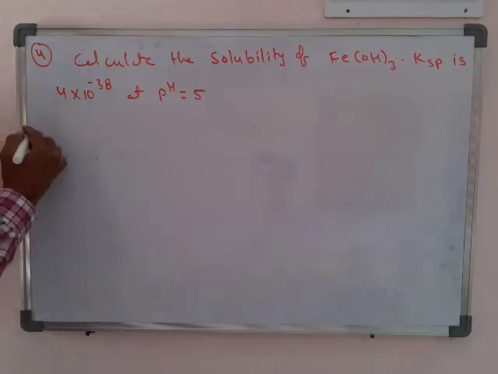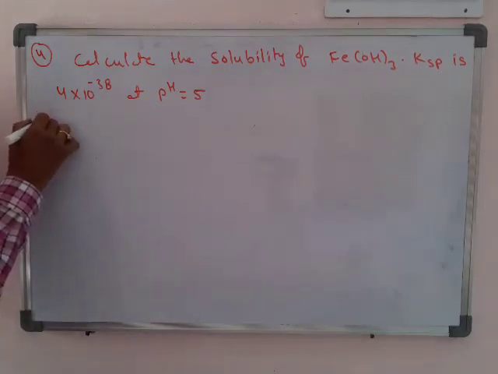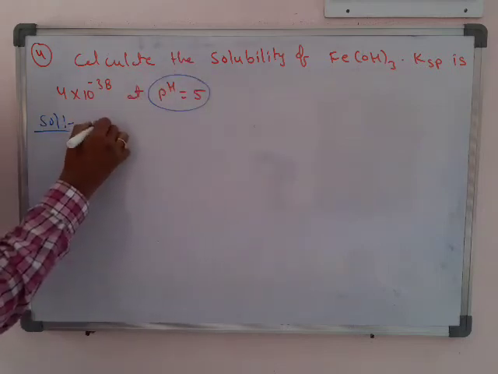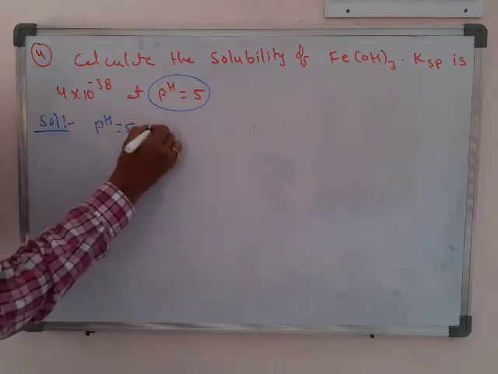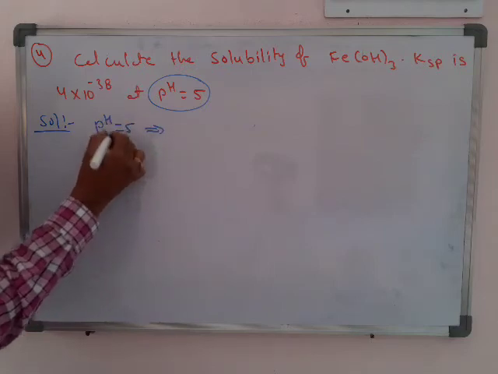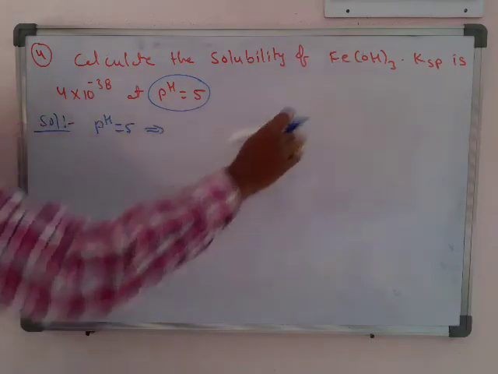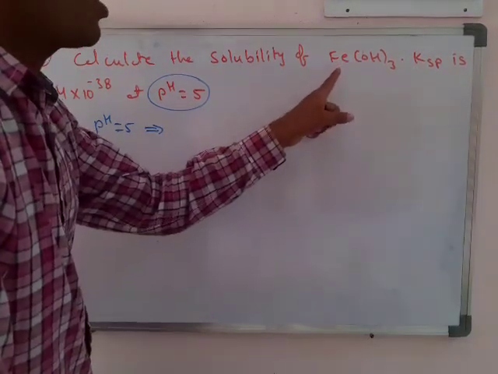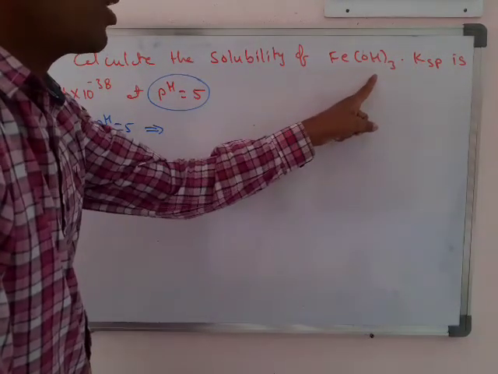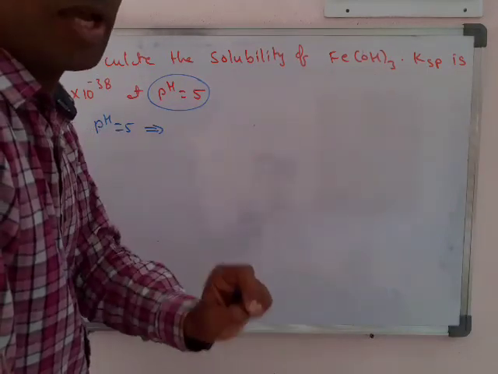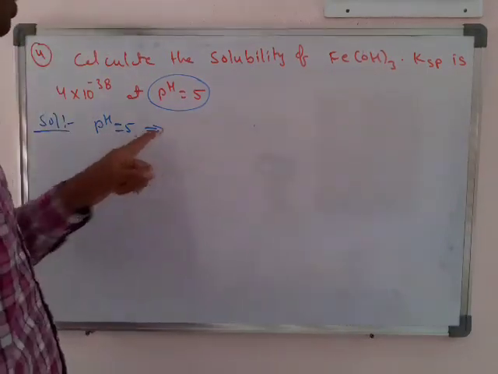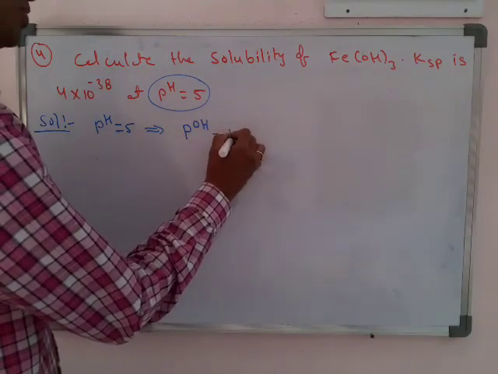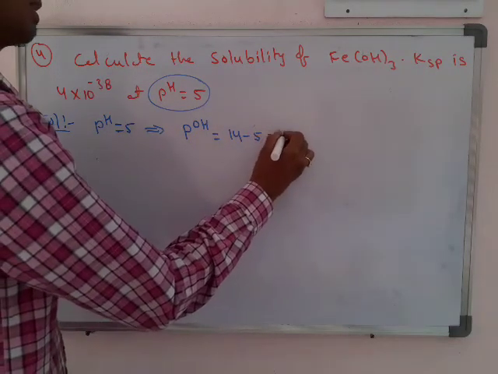So here the pH is simply given as a clue. pH equal 5 means, when we find the ferric hydroxide solubility, we have to find the concentration of Fe plus 3 and the concentration of OH minus. Since there is a base, pOH is important. pOH is equal to 14 minus 5, that is 9.